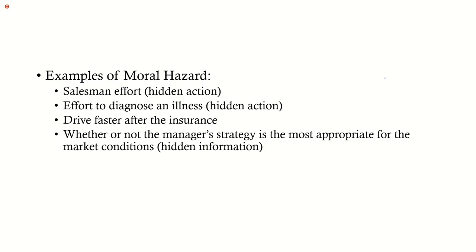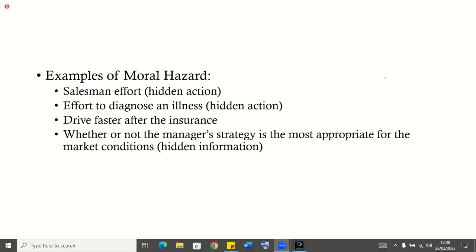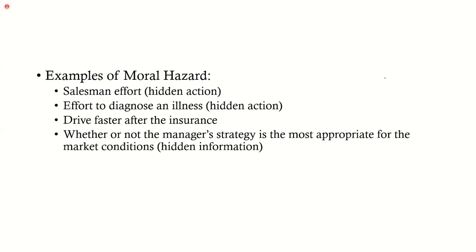Take vehicle insurance, for example. Let's say you want to get vehicle insurance and you are a reckless driver, but you claim to be a very safe driver. You say, I drive safe, I park in a very safe area, and you get the insurance. So the insurance firm will believe you.